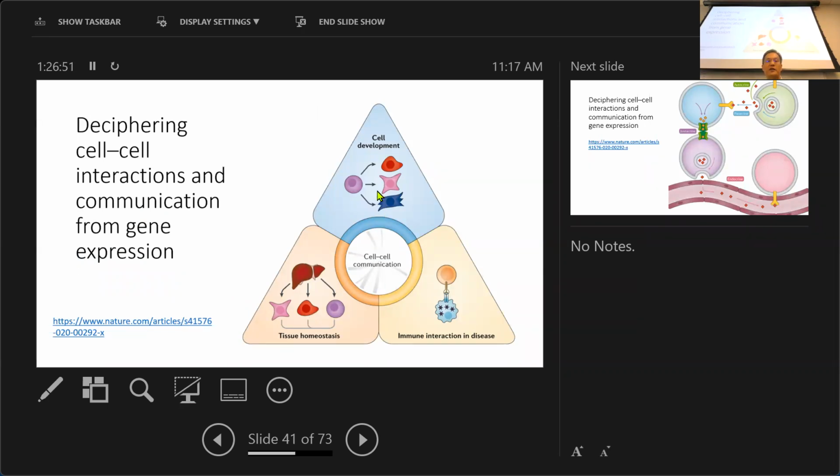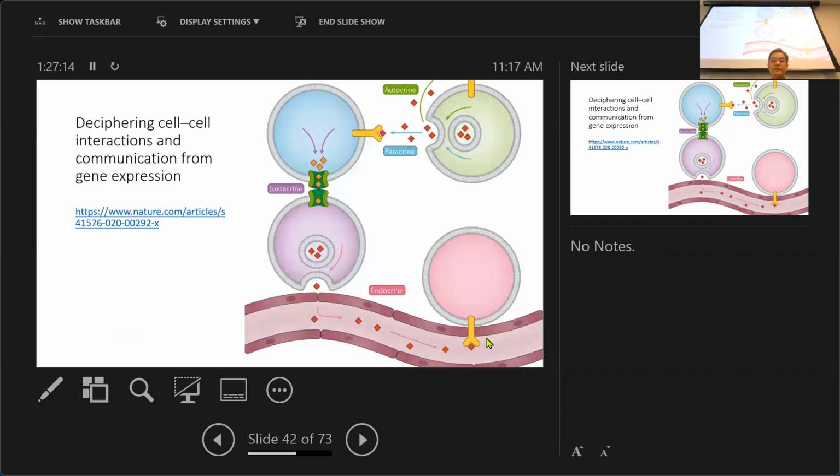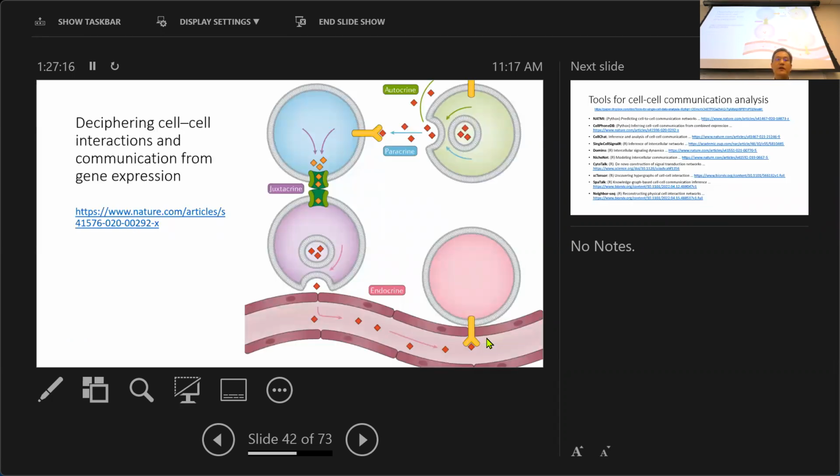You need to study cell-cell communications when you study cell development and tissue homeostasis, especially when the immune system is involved, where different cell types interact with each other extensively. There are different subtypes of cell communication.